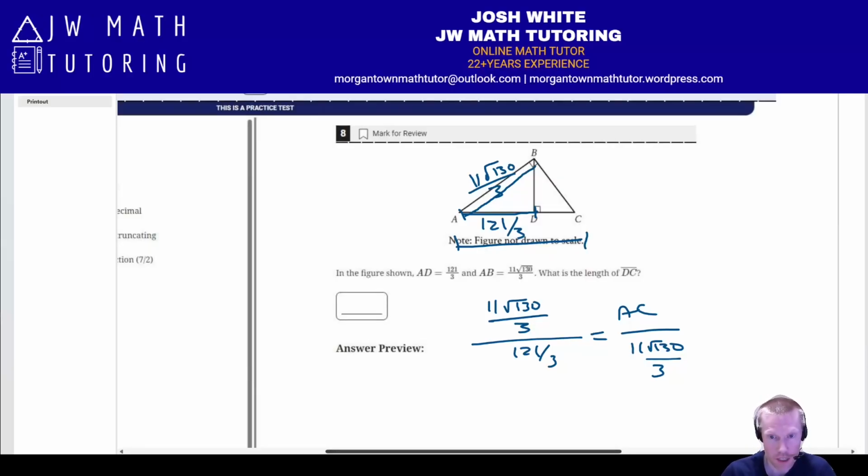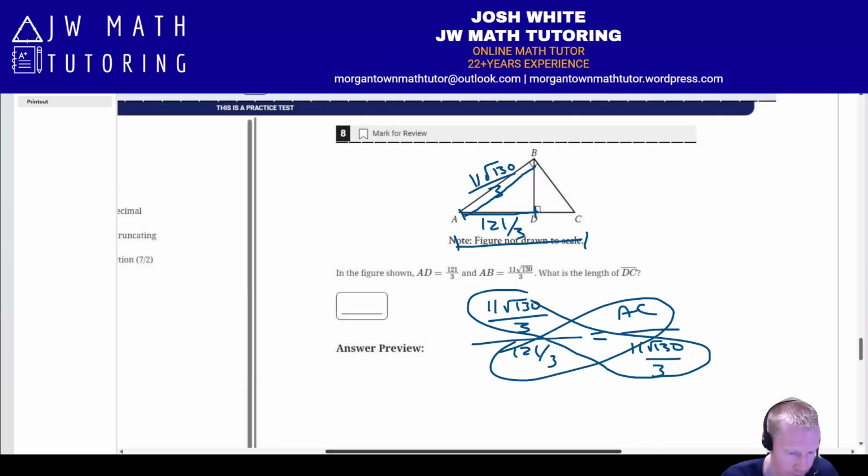So essentially, you do cross multiplying, you get this, and you get this. So when you do that, what we end up with here is 11 times 11, 121. Root 130 times root 130, 130. I'm not going to multiply them together yet. 3 times 3 on the bottom, 9. On the other side, 121 over 3 times AC.